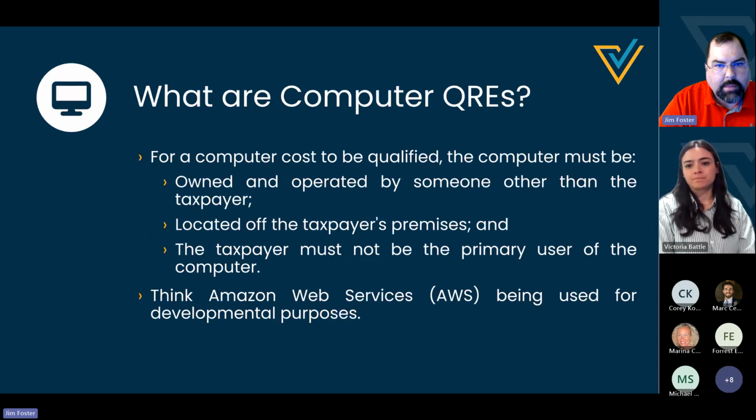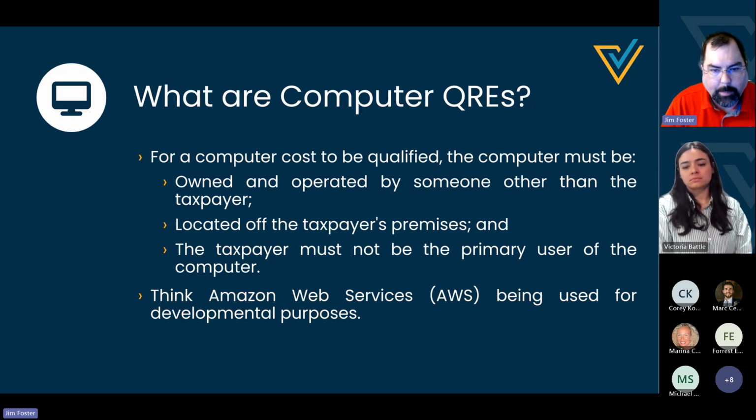Let's move on to the computer QREs. This one is kind of interesting because it's been around since the 80s, back when you would have to go and rent a computer from someone. And I've put the 3 requirements here: it has to be owned and operated by someone other than the taxpayer, located off the taxpayer's premises, and you can't be the primary user of the computer.